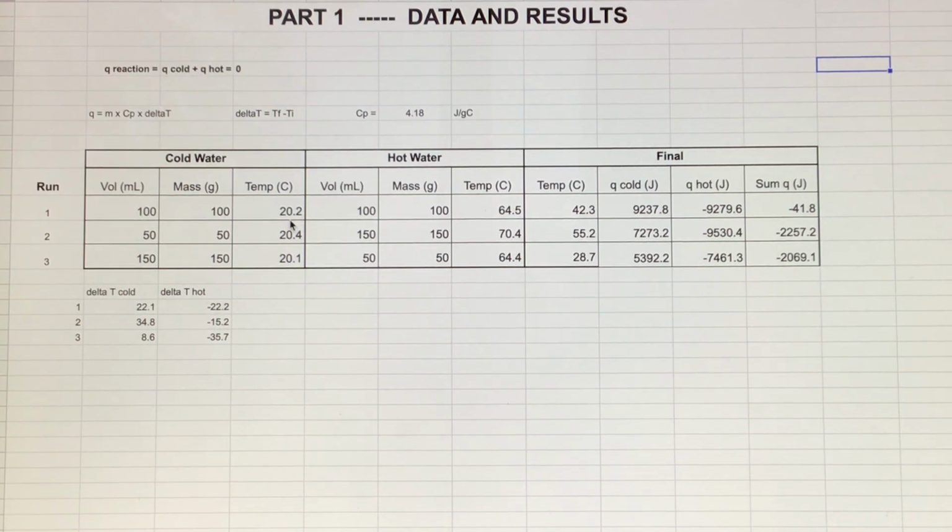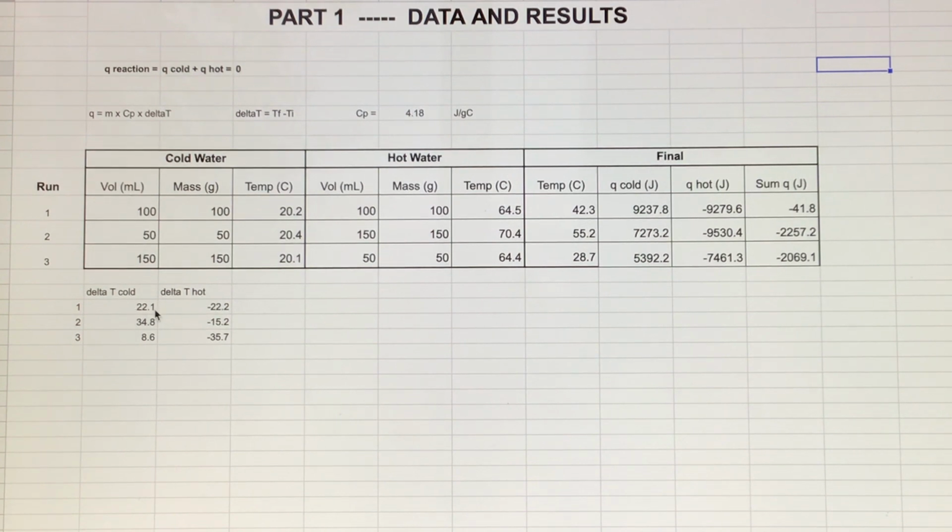The initial temperature of the cold water was 20.2 degrees, and the initial temperature of the hot water was 64.5 degrees. So here I did the calculations for delta T using this equation. The delta T for cold water was 22.1 degrees. Therefore, it increased its temperature, and the delta T for the hot water was minus 22.2 degrees. So it decreased its temperature.